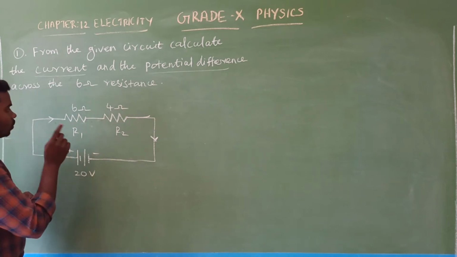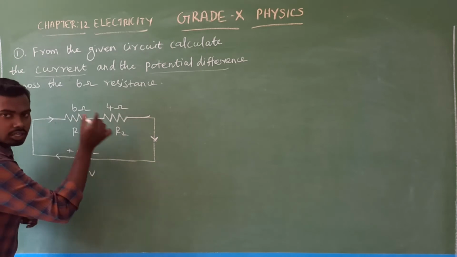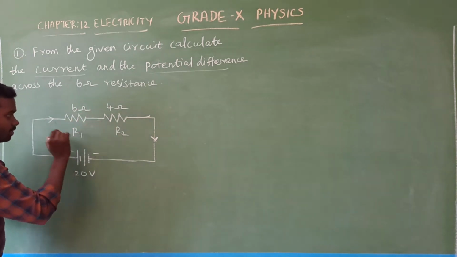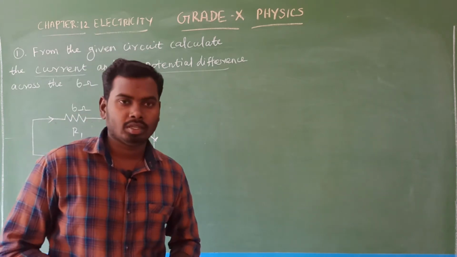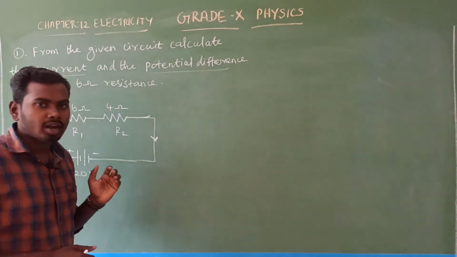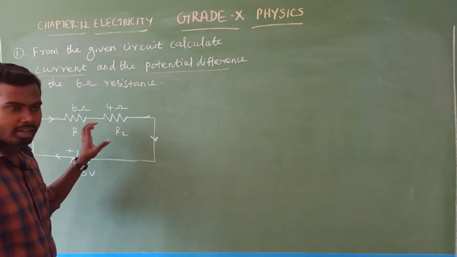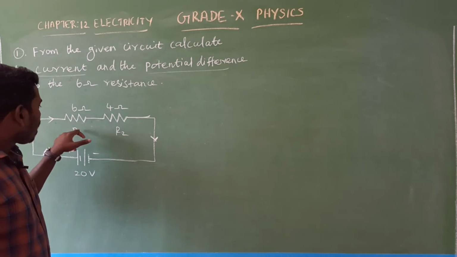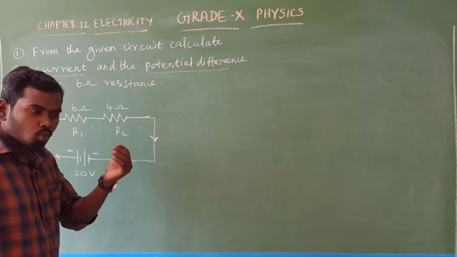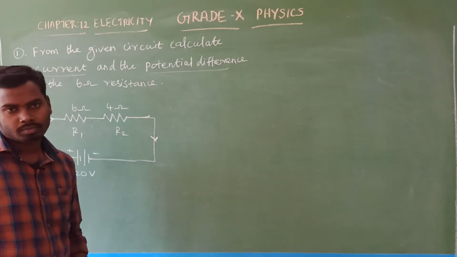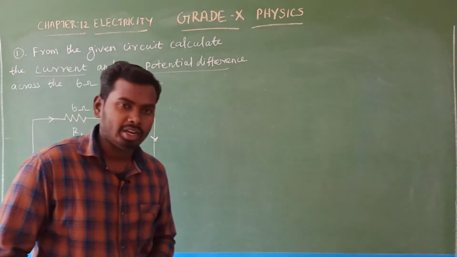So the two resistors are connected end to end consecutively, and this setup is said to be a series combination. Whenever resistors are connected one after one, the setup is called series combination.